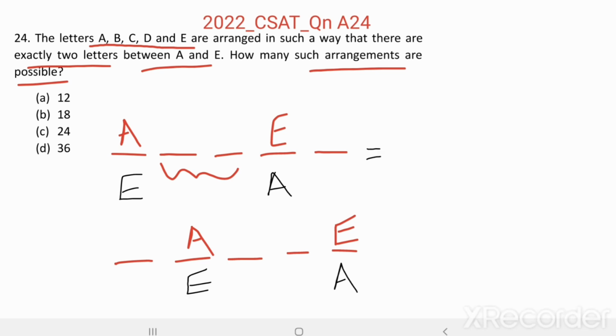So the remaining three letters B, C, D you can arrange in the remaining three places in 3 factorial ways.